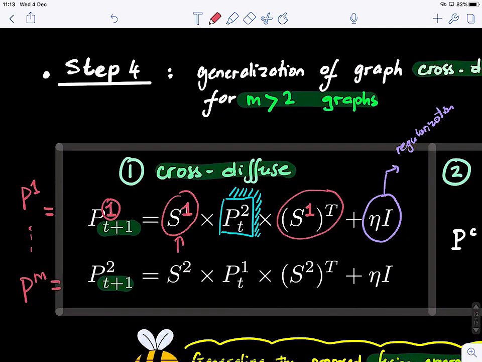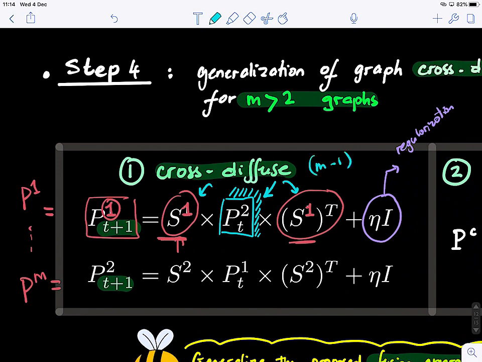I always preserve my local structure, the local structure of this guy should always be preserved. But the thing that I can change is, instead of diffusing this P across the local structure S1 of a single subject, because I have M minus 1 left-out views, right?